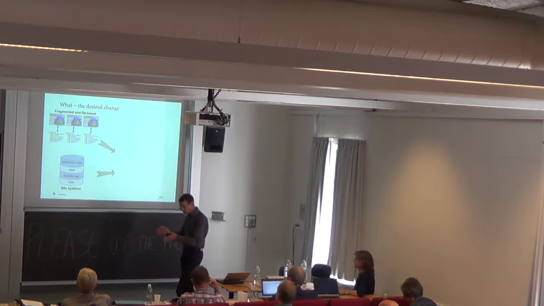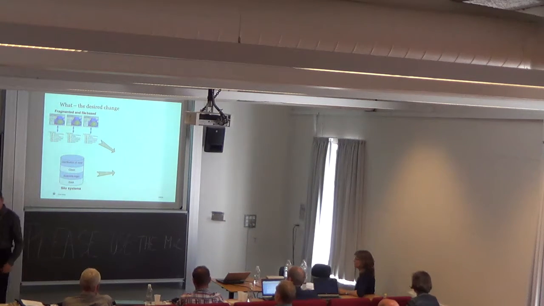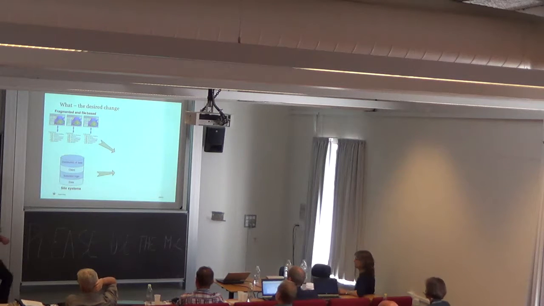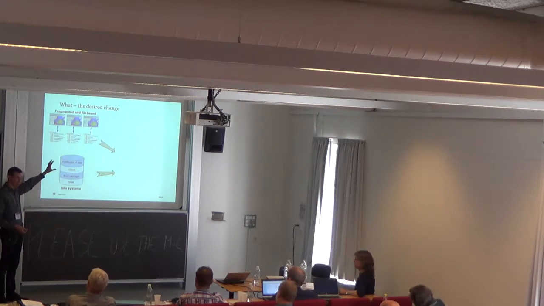Now, what are we trying to achieve? The situation today is that a lot of our data is stored in a fragmented and file-based way. I think we have around 1,000 data sets in the Nature Agency stored in that way.